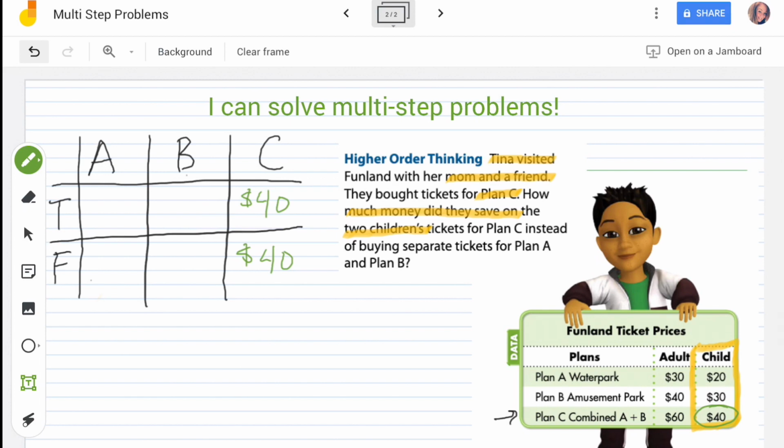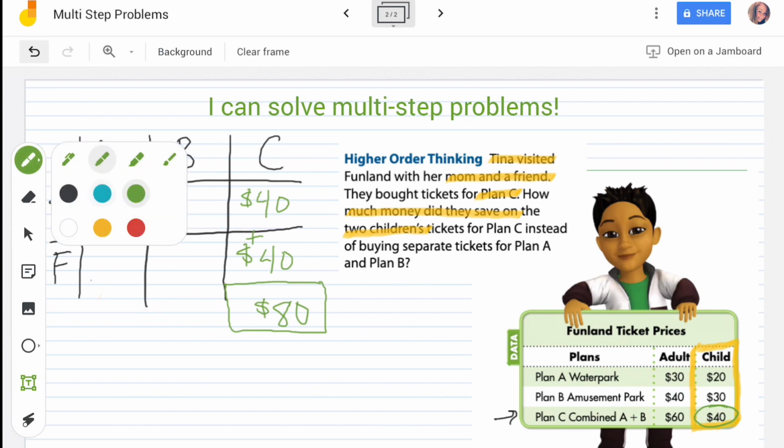If I want to know how much that was together, what am I going to do to those 2 amounts? That's right, I'm going to add them. So 40 plus 40 will give me $80. So they spent $80 for the 2 children's tickets under Plan C. Well, now let's figure out how much the tickets cost under each of the other plans.